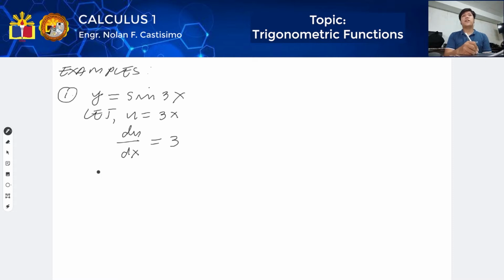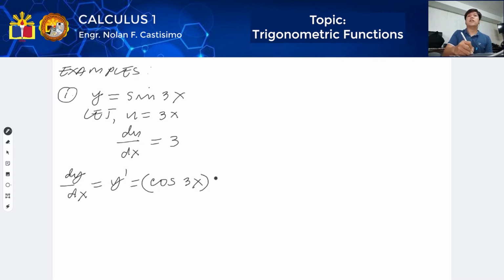Using our formula for sine, so we have dy over dx is equivalent to y prime. So, cosine u, di ba? So, ang u natin is 3x. And, lagyan natin ng parenthesis na ganyan para mas malinaw. Tapos, du over dx, di ba? Yan ay 3. So, that means, i-multiply lang natin to dito. Di ba ang formula natin dyan?